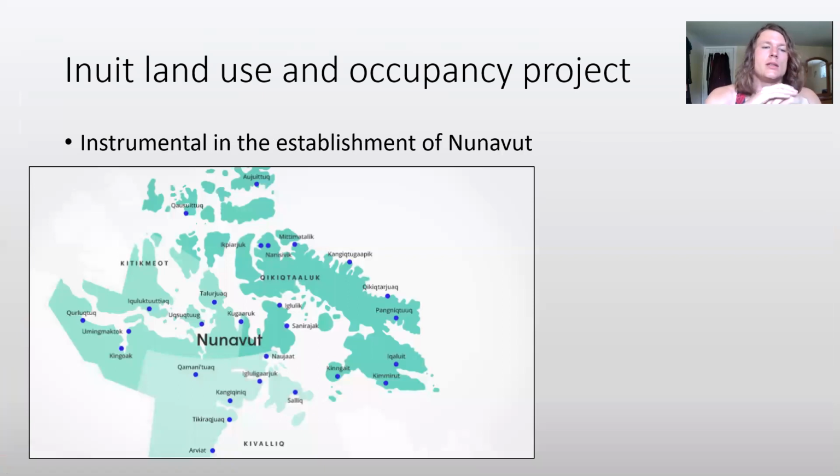And so this was instrumental in the establishment of Nunavut, because they created this record to verifiably show, to prove that this land was valuable and important to the Inuit people, and that all of it was being used. And so they used that to leverage for the creation of Nunavut.